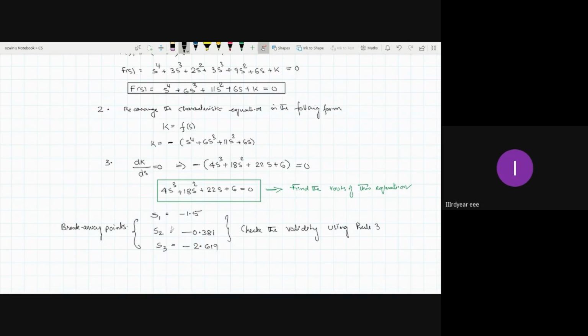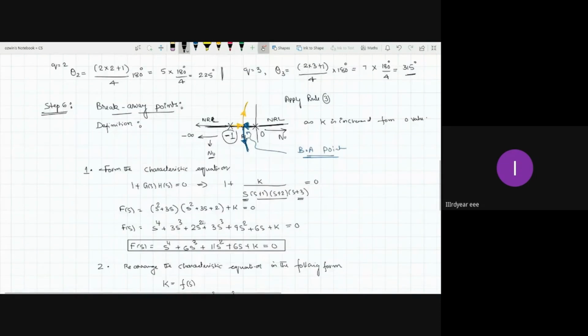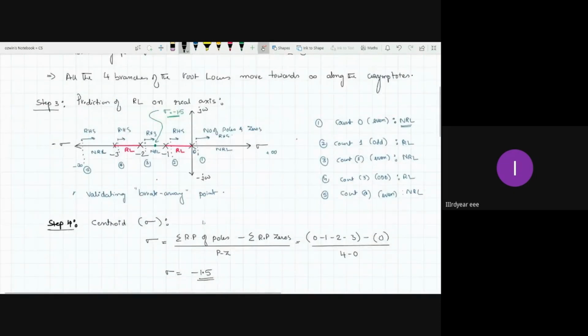So what we will do, let us try to place these roots in rule 3. If the root is getting placed in the RL region, we will consider it a valid breakaway point. If the root is getting placed in the NRL section, we will say the root is invalid. So let's go back to rule 3 and start placing.